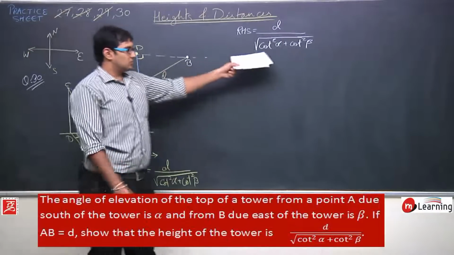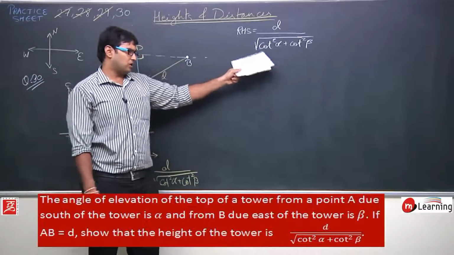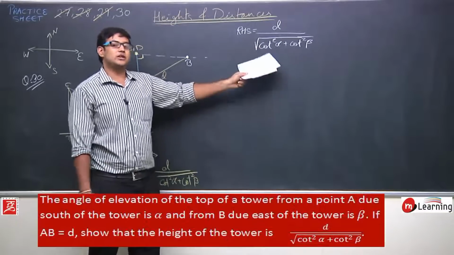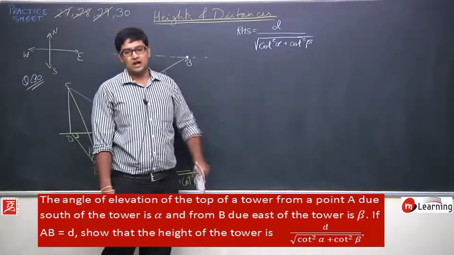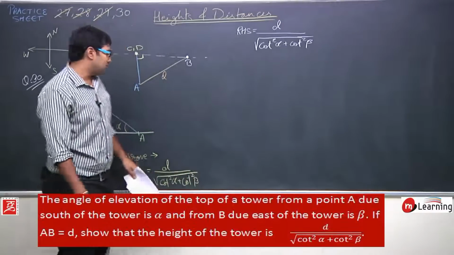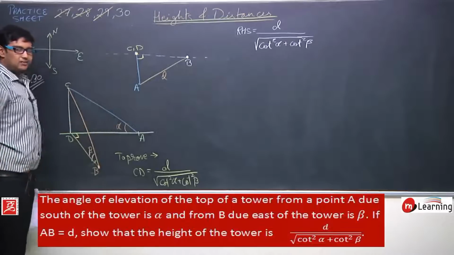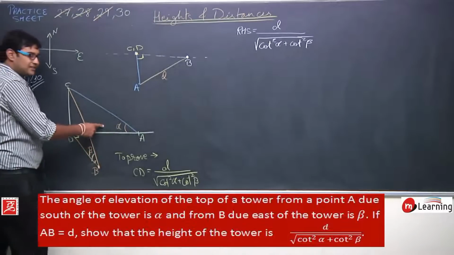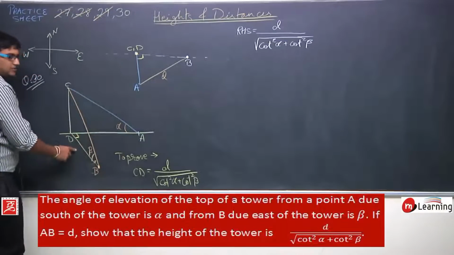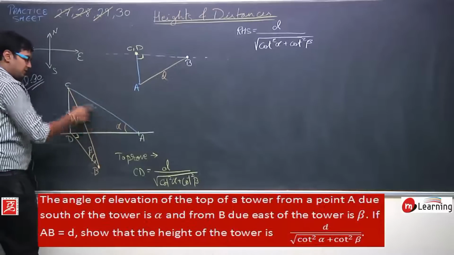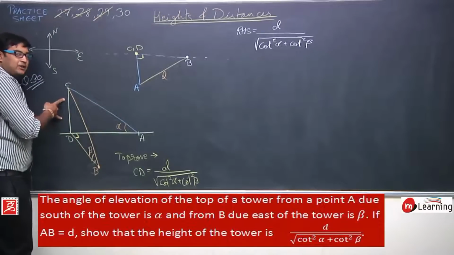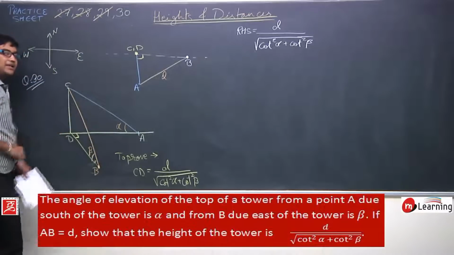Now observe, I have cot square alpha. So I need to determine cot of alpha. Okay, cotangent of alpha. What is alpha? Alpha is this angle. Alpha lies in triangle ACD. So with respect to alpha, this CD represents the perpendicular and this AD represents the base.